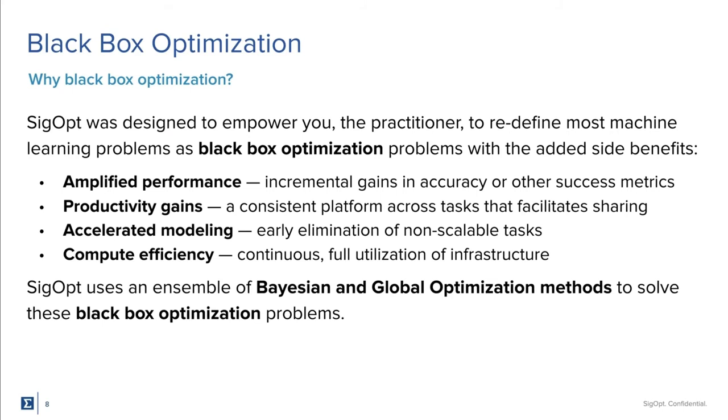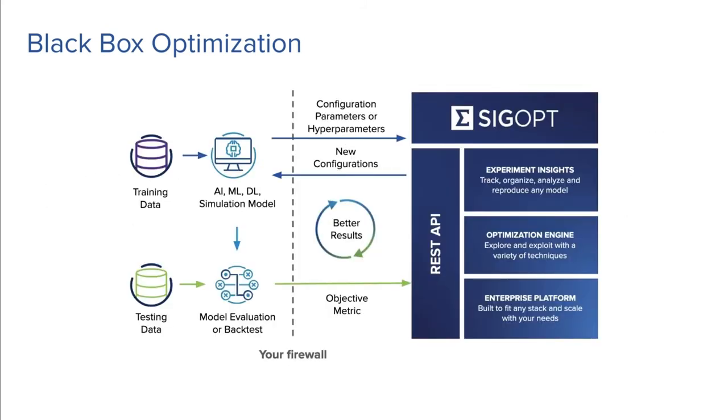So SigOpt attacks this problem by providing a simple API REST interface to an ensemble of Bayesian and global optimization methods that help us to solve these black box optimization problems that are inherent in the modeling process. And the way that that actually works is by bolting on top of these models that you're building today.